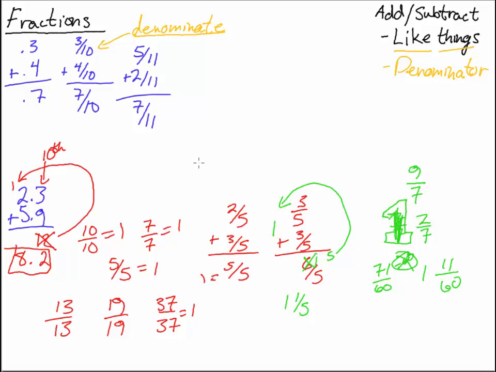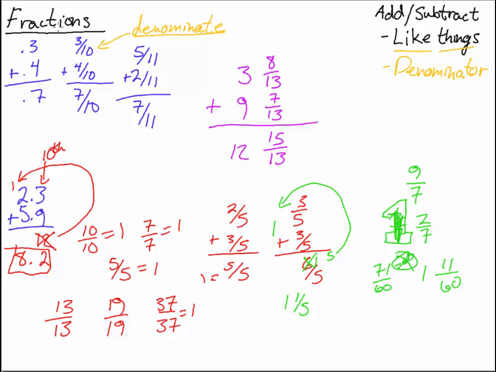So last problem, let's see how this all works together. Right here in the middle. If we had 3 and 8/13 plus 9 and 7/13, let's do it together. We have 8 and 7, that's 15/13, and 3 and 9 is 12.